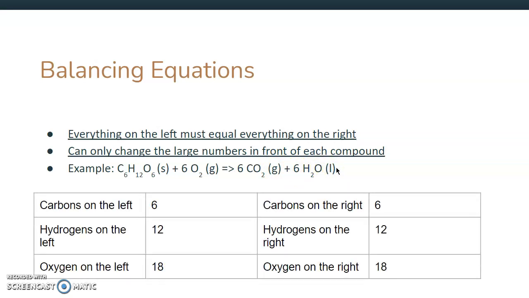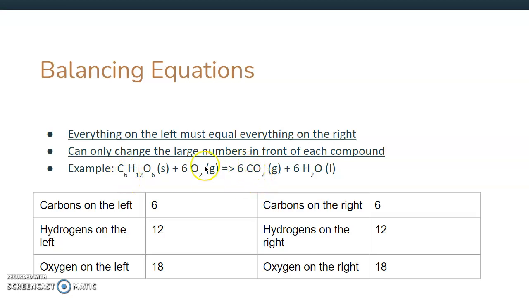So when we start talking about counting, we say everything on the left must equal everything on the right. What that means is that every carbon on the left has to equal the carbons on the right. The way we can count our carbons is each one of these subscripts is telling us how many of this element there are. So C stands for carbon. This little subscript is saying that there are 6 of them.